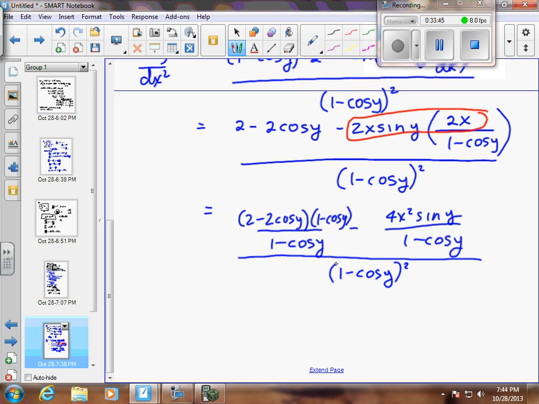Are you following what I'm doing? Okay. So now I need to FOIL this out. Well, it'll be 2 and 2 more, so 4 cosine y plus 2 cosine squared of y minus the other numerator.